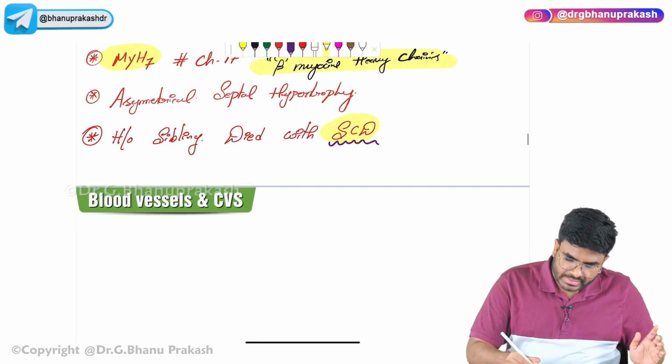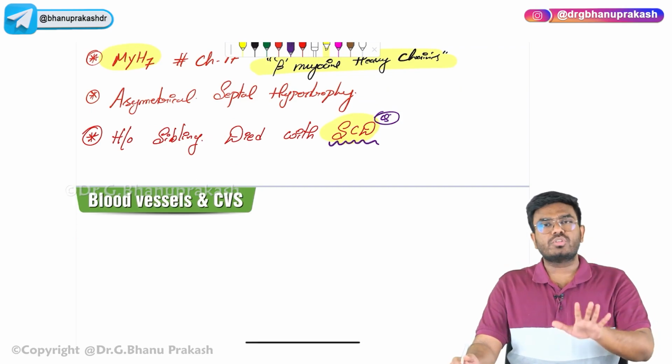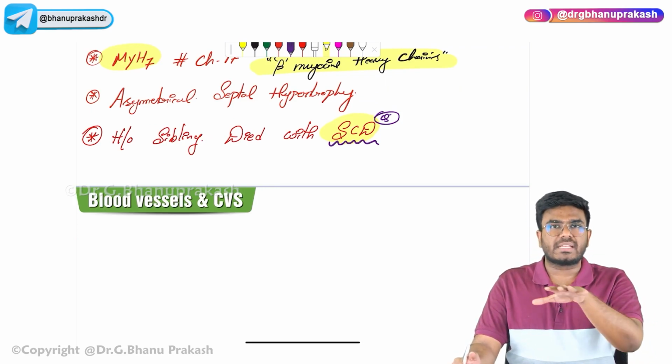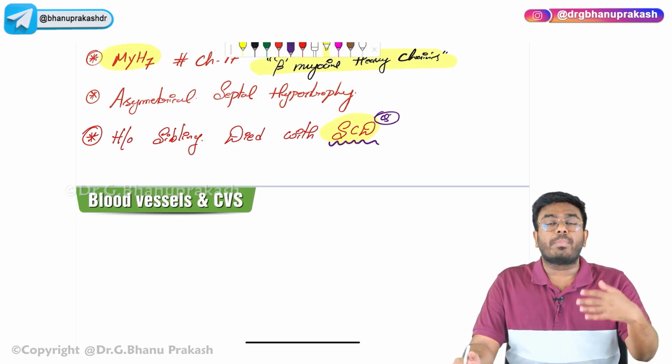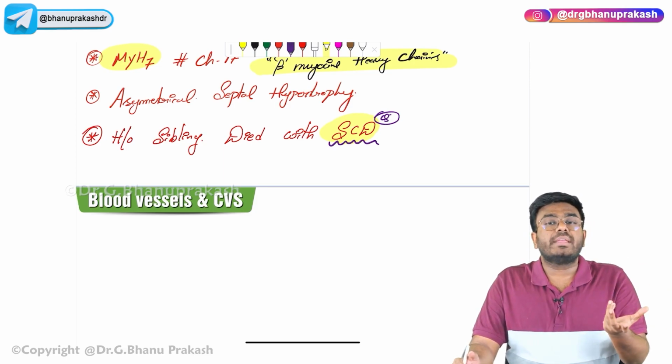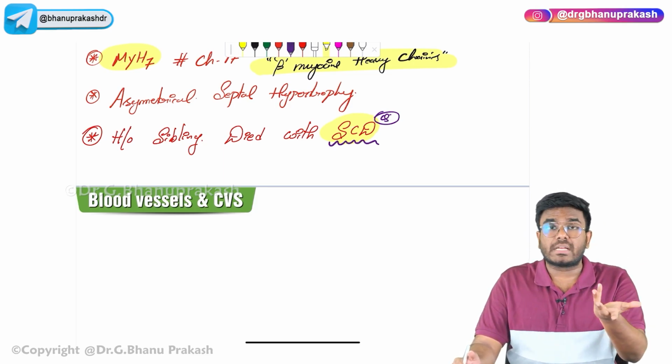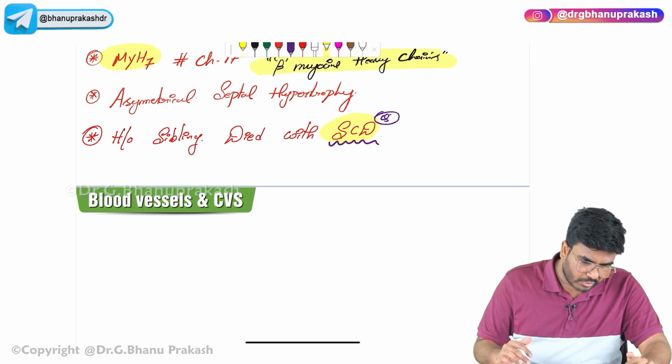Why this sudden cardiac death will happen, we'll discuss later. But usually it's an autosomal dominant condition present in the families. The father or brother has suddenly died of sudden cardiac death. That's the important point which I want to put into your mind.